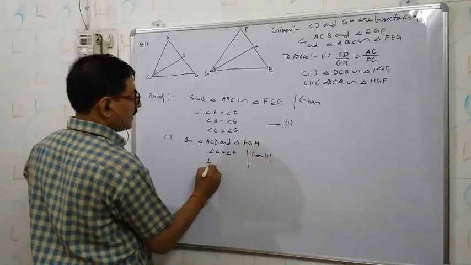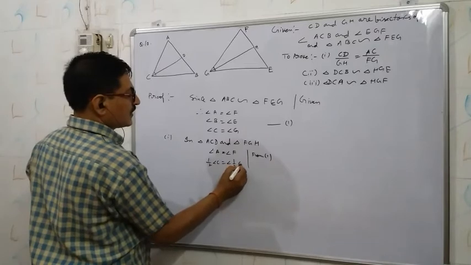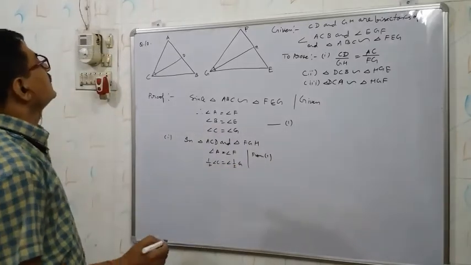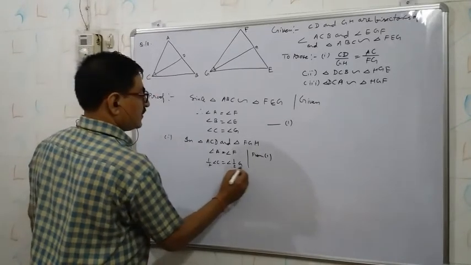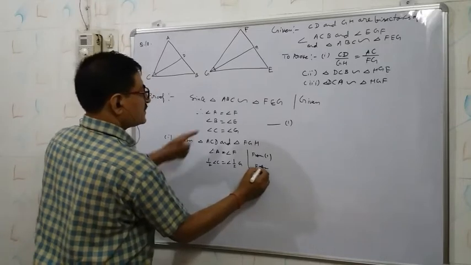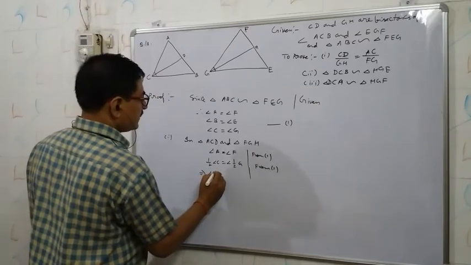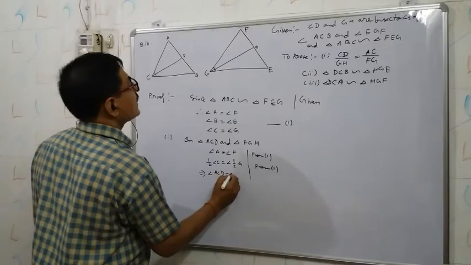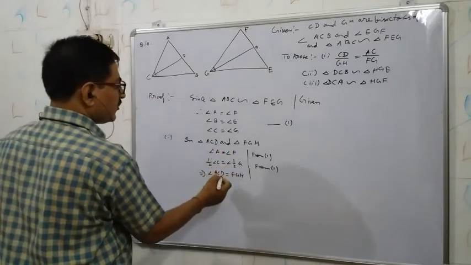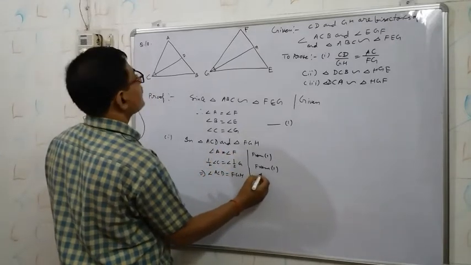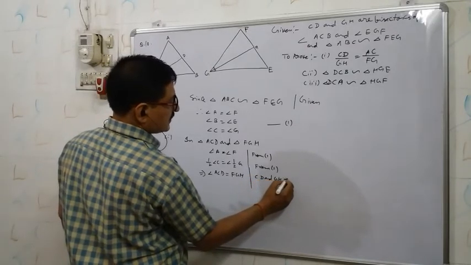And half angle C equals half angle G. So angle ACD, which is half angle C, and since we have taken angle C equal to G, angle ACD equals angle FGH. So now two pieces of information we have got: angle A equal to F and angle ACD equal to angle FGH, because CD and GH are bisectors.